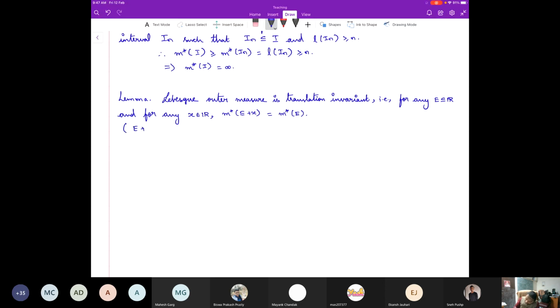E plus x consists of a plus x, where a belongs to E. So this is what E plus x means. Maybe I'll put a colon, so this is the definition. When there is a colon with an equals sign, that means we are defining something.